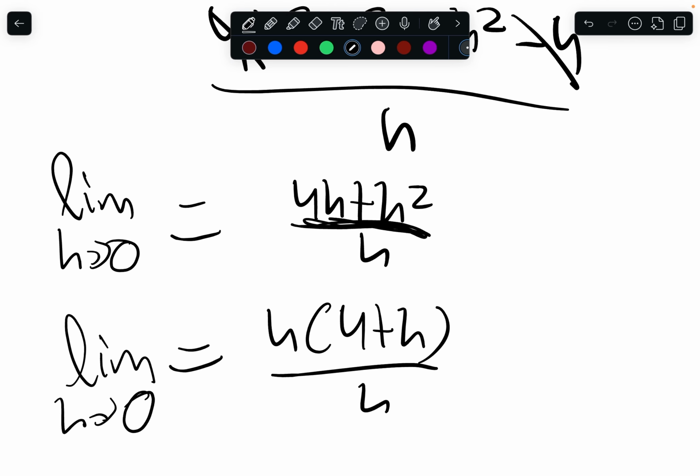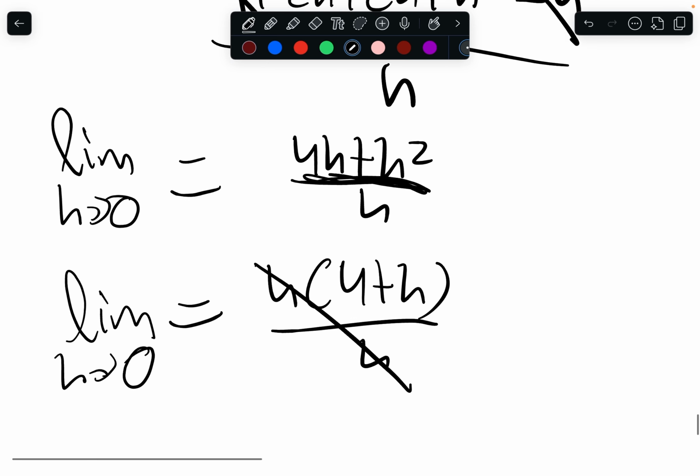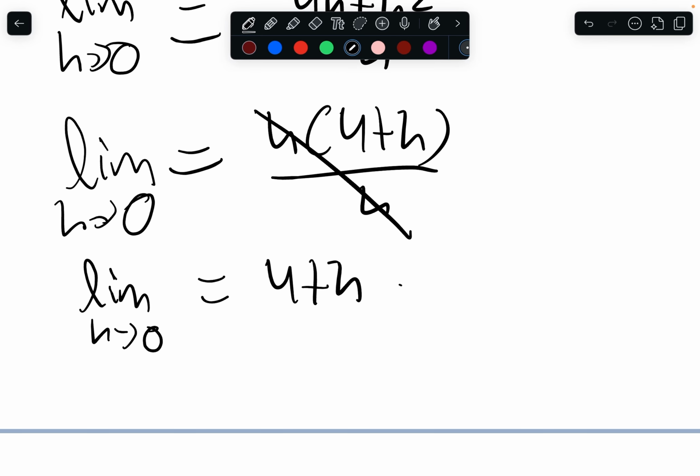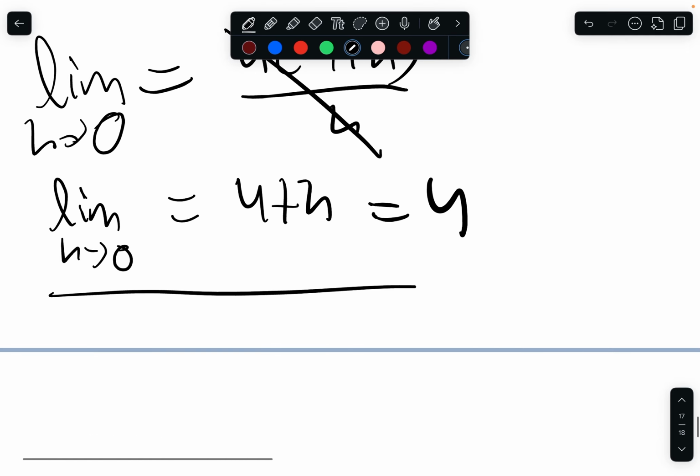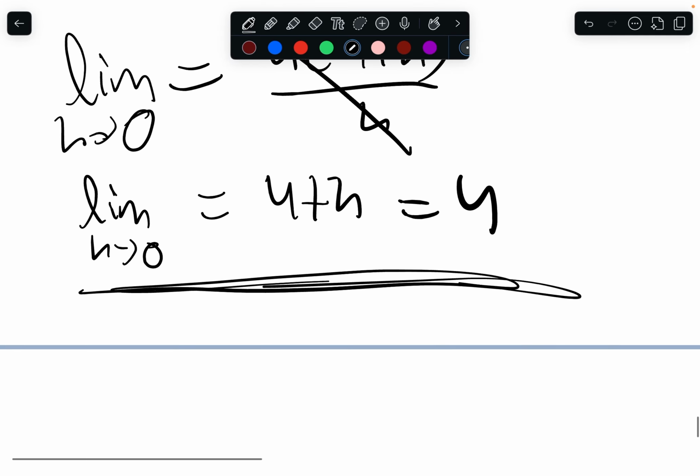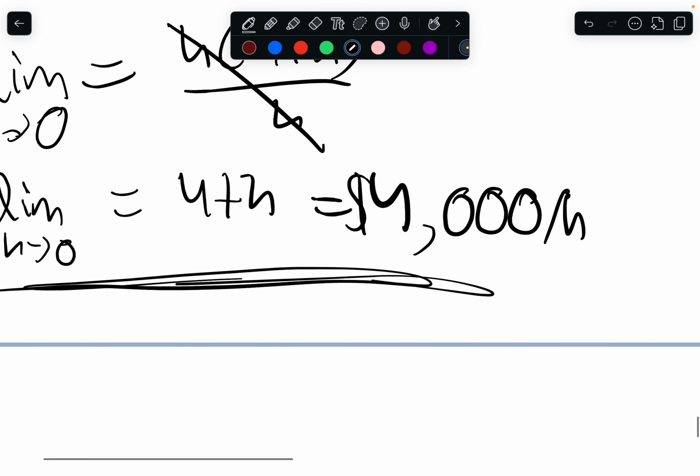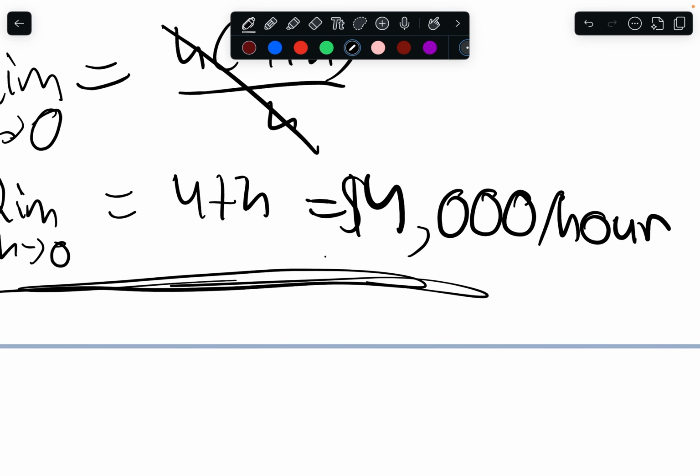And check this out. We could just cancel these two out. And now we can plug in h as 0 and we'll get 4. So our limit will equal to 4. This basically just means our very accurate rate of change at 2 hours is going to be $4,000 per hour. That means if we keep up rush hour, we are going to gain this much money per hour. This is the best estimate you could get.